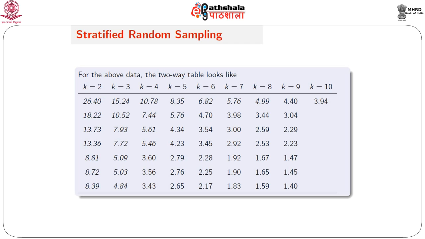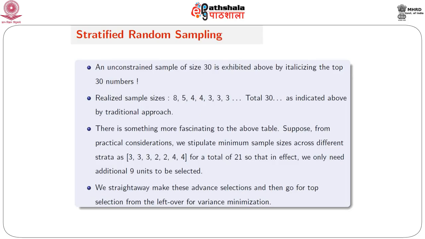You remember k equal to 2 means there are 3 observations, k equal to 3 means there are 4 observations, and so on. So an unconstrained sample of size 30 is exhibited above by italicizing the top 30 members, and realized sample sizes are 8544333 with a total of 30 as indicated above by the traditional approach.